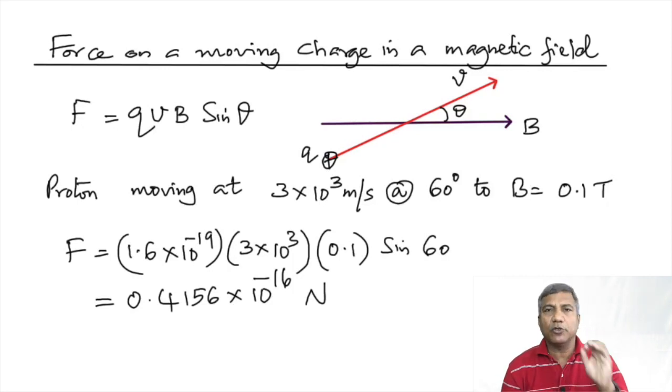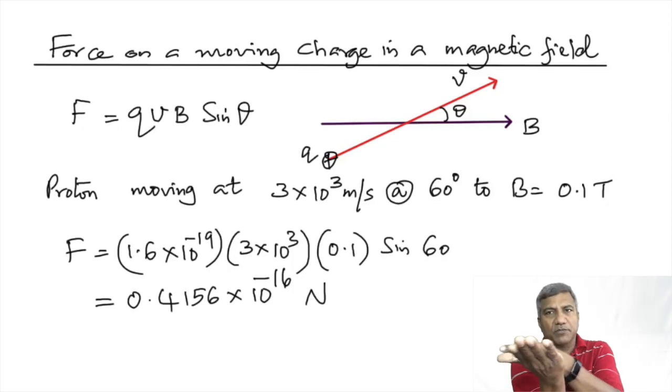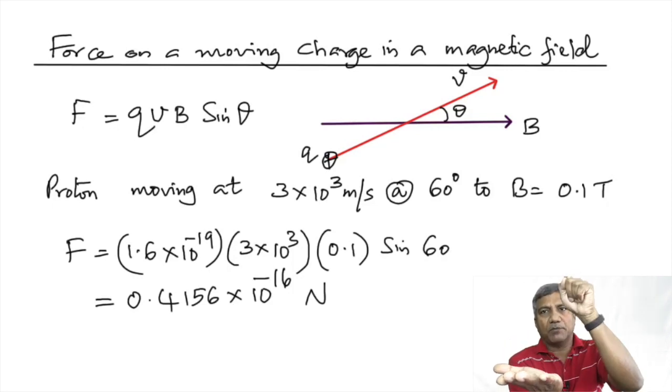That means no force acts on the particle. So if it's moving at 90 degrees, maximum force acts on it. If it's moving parallel, no force acts on the charged particle. And also remember that the direction is given by the right hand rule. Fingers give the magnetic field, thumb gives the velocity, and the palm gives the force acting.